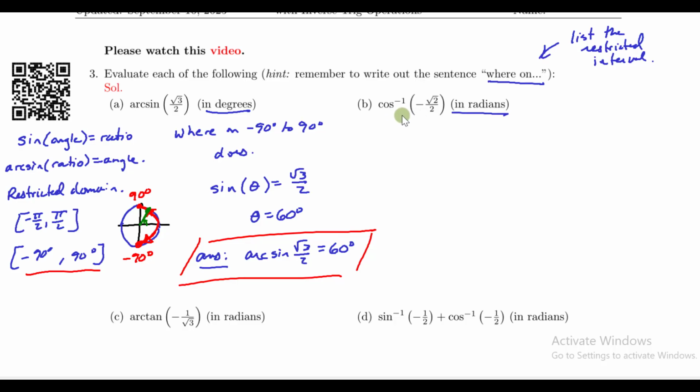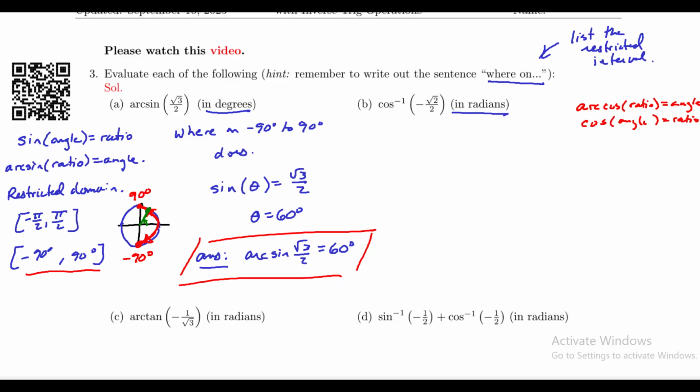Let's try this question about the arc cosine. Again, we take the arc cosine of a ratio and we expect it to return an angle. Okay? As opposed to when we take the cosine of an angle, we expect it to return a ratio.